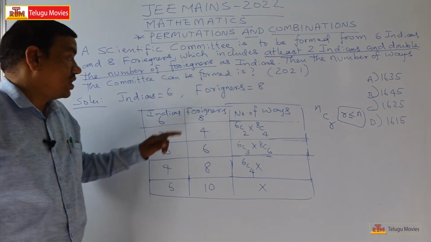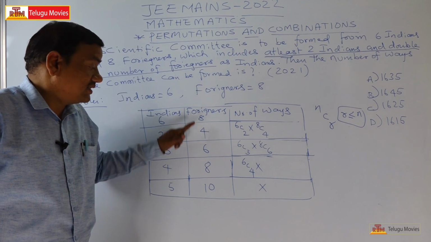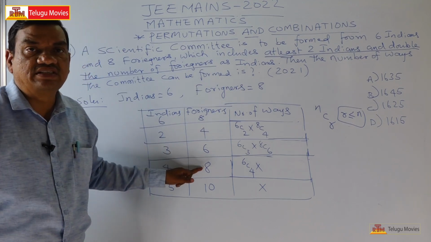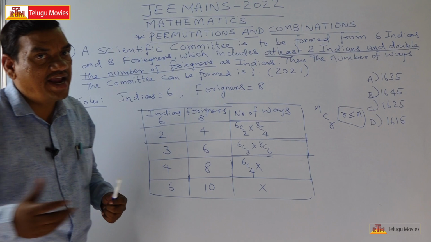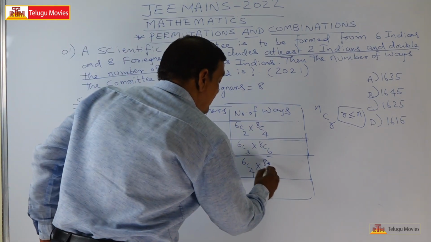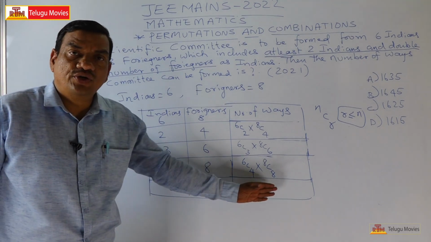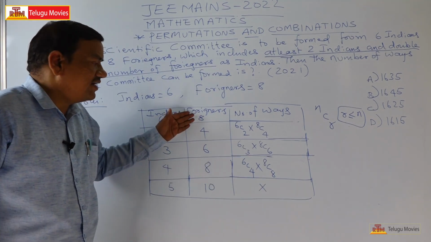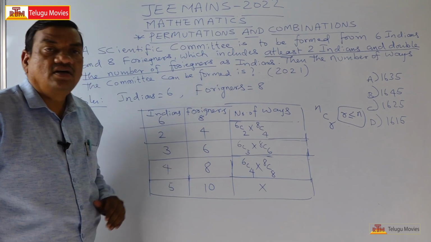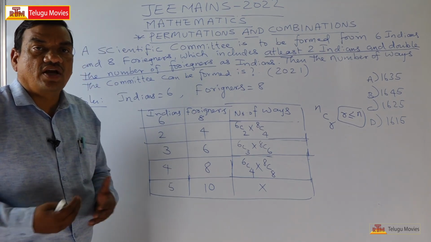Out of 8 foreigners, all 8 can be selected in 8C8 ways. Yes, we already know that it is not possible to select 10 foreigners, because only 8 foreigners are there.